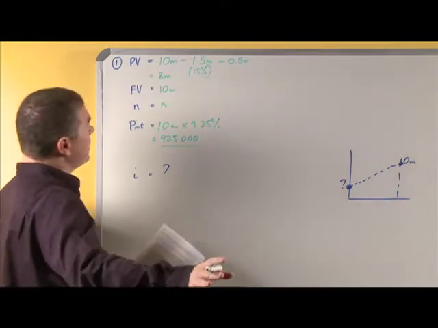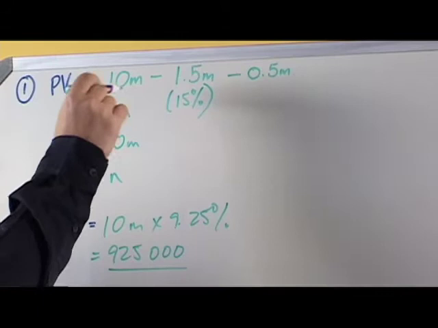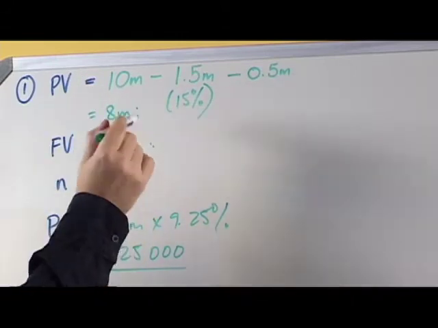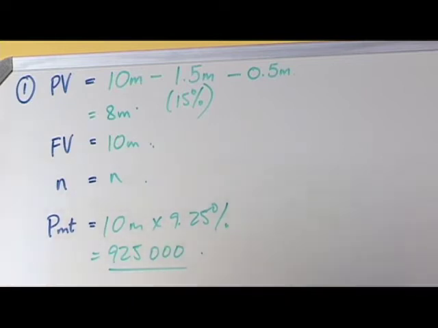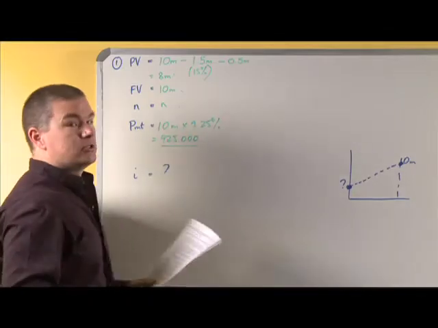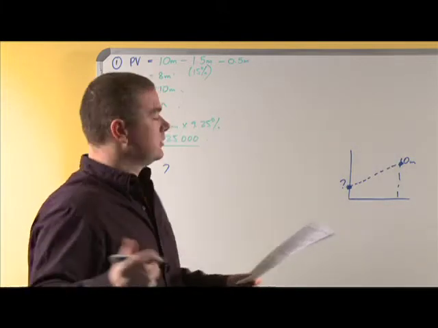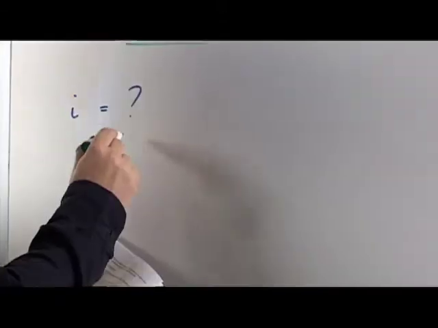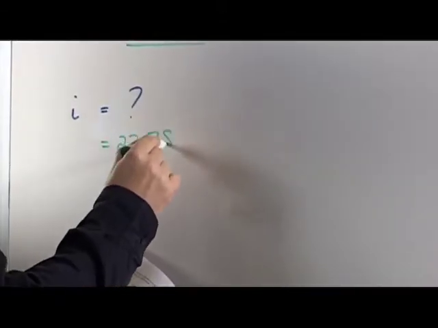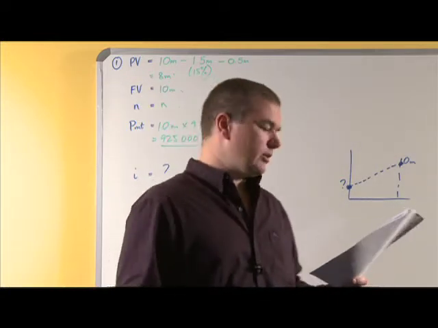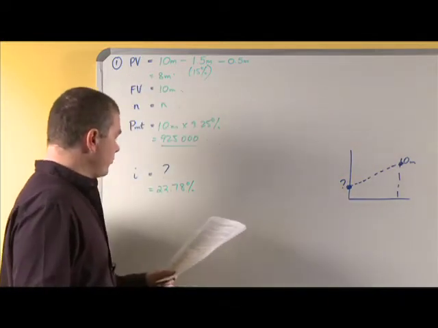The trick, just remember, is that if you're going to put this as a positive, put the negative 10 and negative 925. Likewise, if you're going to put that as a negative, make these two positive, so that you don't get a garbled answer. And you will find that you get I of 22.78%. So nothing too untoward from that.